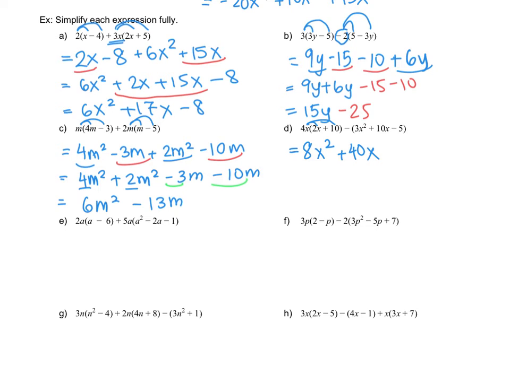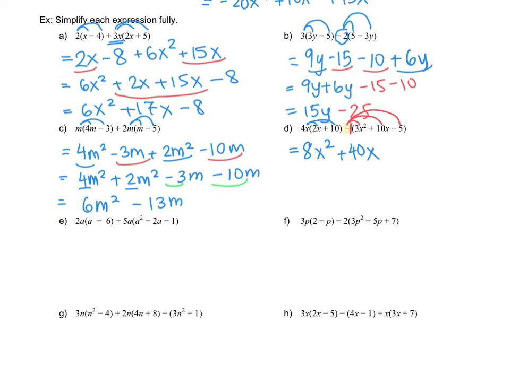Now this one, I want you to be very careful because in front of that second bracket, you have a negative. You need to distribute that fully. And that negative as a number is negative 1. So we have to multiply negative 1 into everything. And really what that's going to do is just change all of the signs.